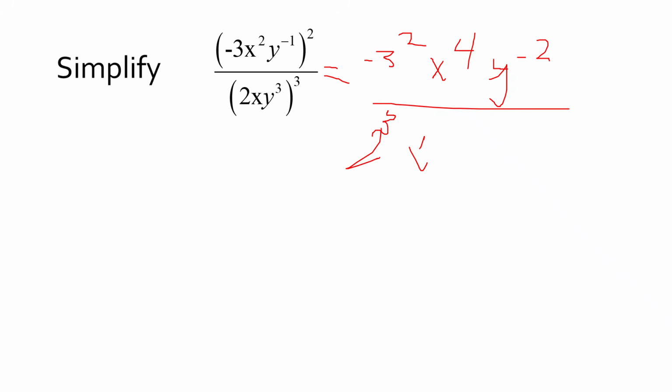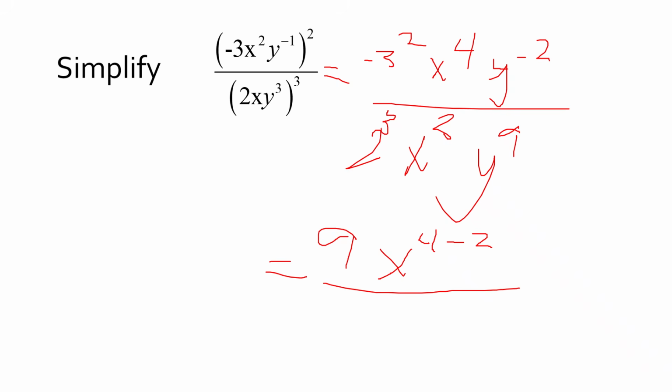Then x cubed. Then for y, we have 3 times 3, that's 9. Negative 3 times negative 3 is positive 9, okay? Then for x, we have 4 minus 2, because it changes sign when you bring it up. Then we got 8.